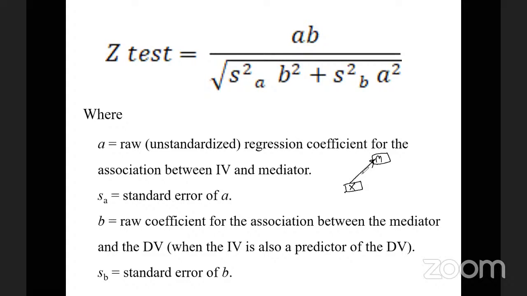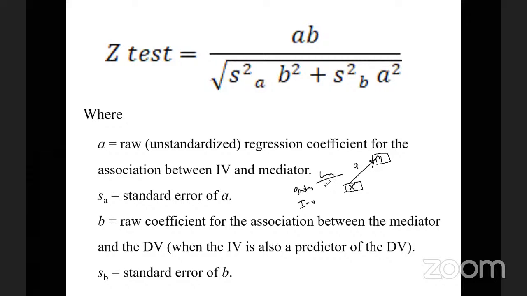A means the unstandardized regression coefficient, because in the output table we find the intercept and the IV, the independent variable, and the coefficient.